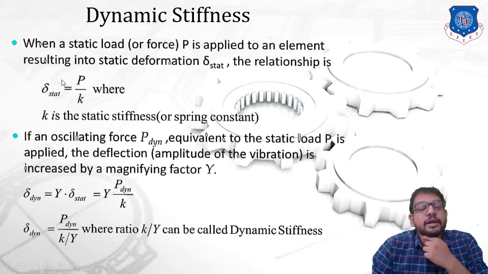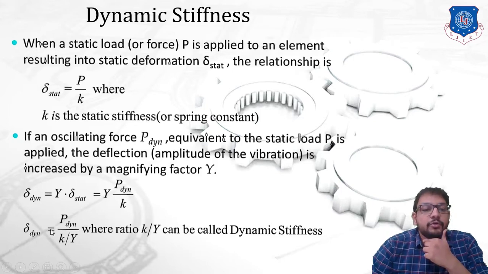Now, if you look at this equation of delta dynamic carefully and compare it with the equation of static displacement, you will notice that the term in the denominator, K by gamma, represents a stiffness. But which stiffness? It is called the dynamic stiffness.